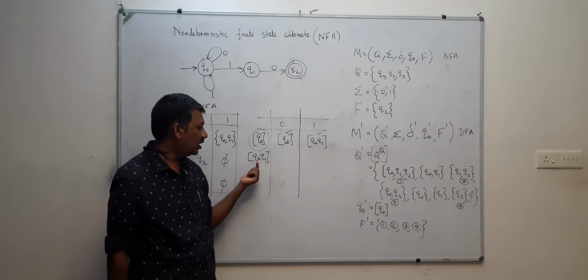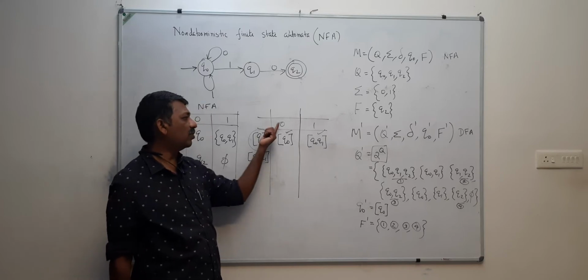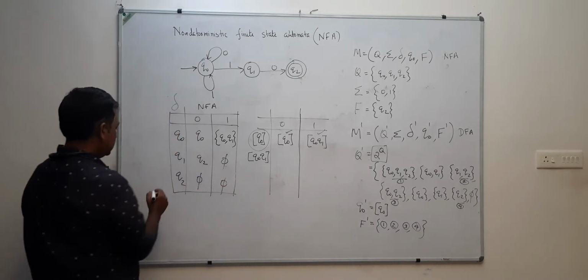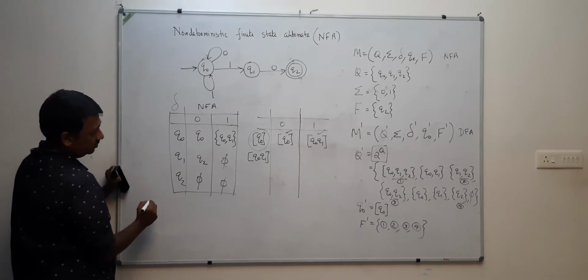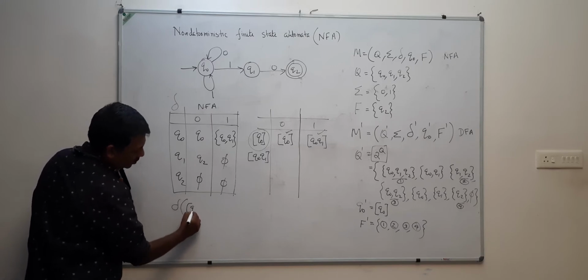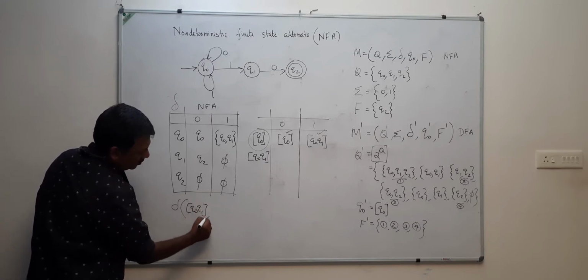Now, what will happen for [Q0, Q1] on reading 0? That is delta of [Q0, Q1] on reading 0.